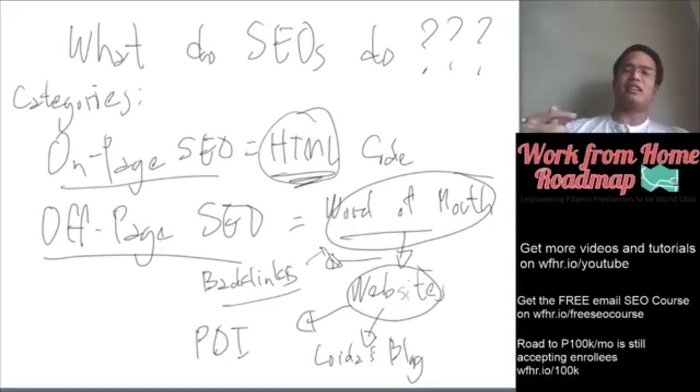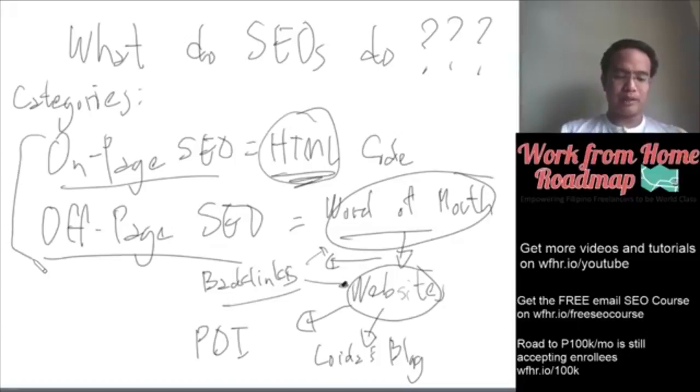So when we see backlinks and so on, what this means is that you're building links on these different websites that are going back to Jason's Pizza, because Google's going to see that as word of mouth, and then they're going to say, oh, a lot of different websites are talking about Jason's Pizza. It must have good pizza. Let's rank it higher in the search results. So these are the two main things that SEOs do for the actual work of SEO.